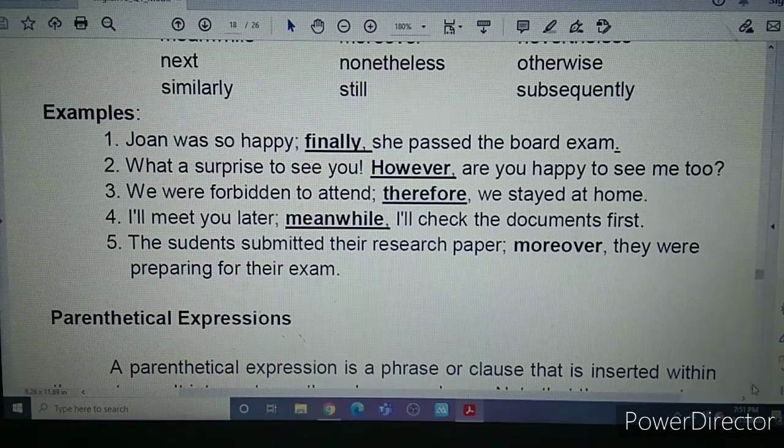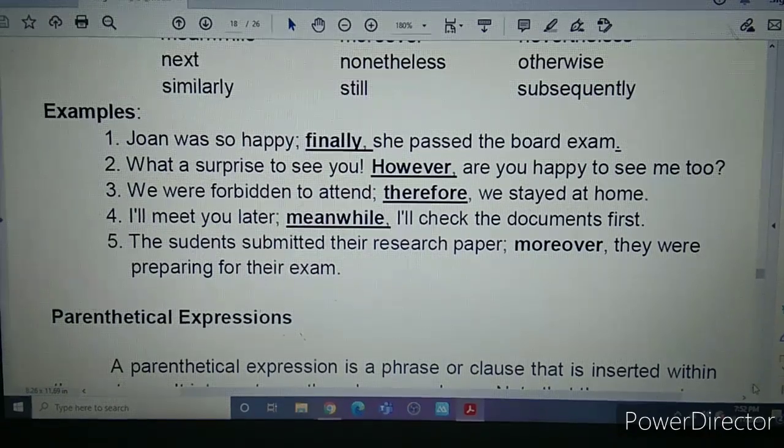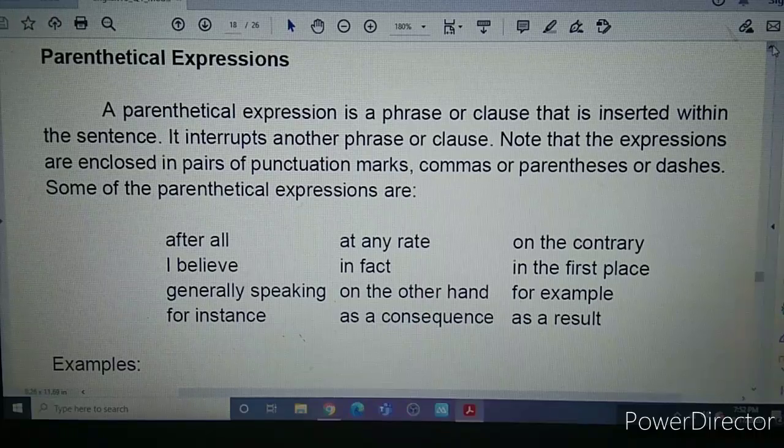Now let's move on to parenthetical expressions. What is a parenthetical expression? A parenthetical expression is a phrase or clause that is inserted within the sentence. It interrupts another phrase or clause. Note that the expressions are enclosed in pairs of punctuation marks: commas, parentheses, or dashes.